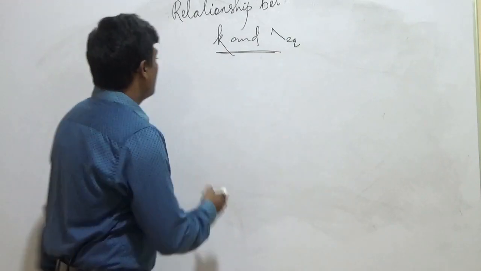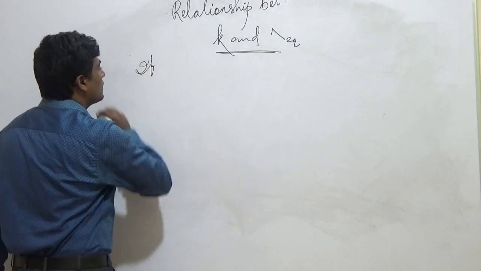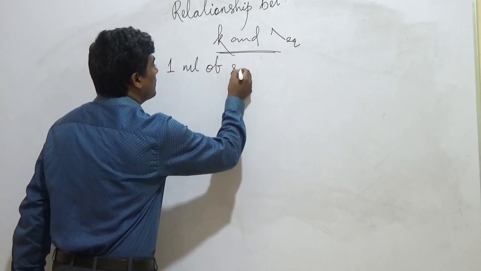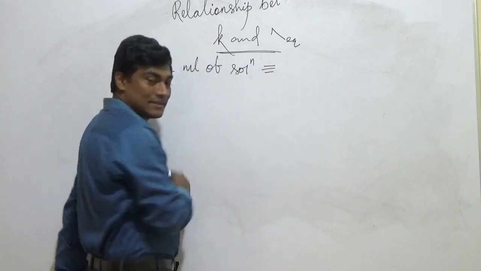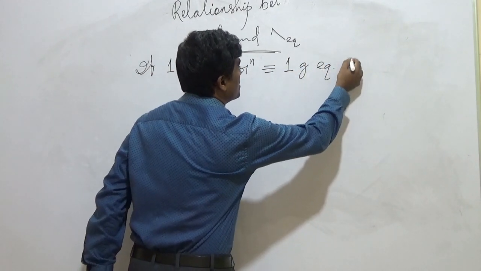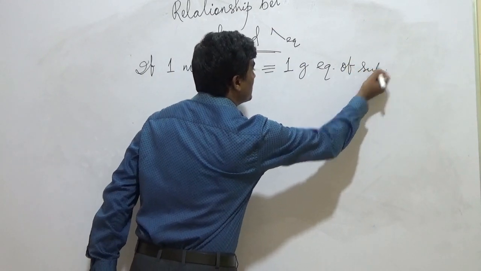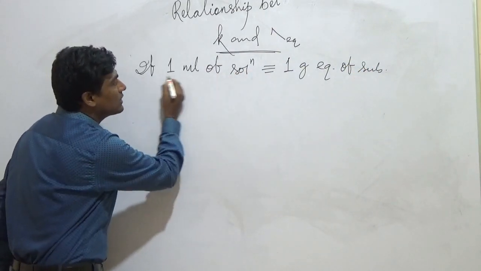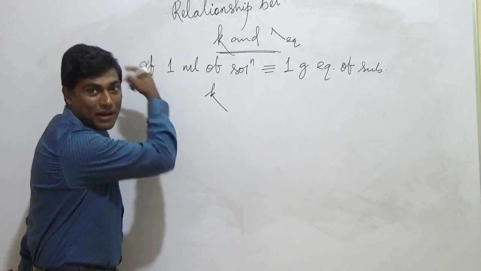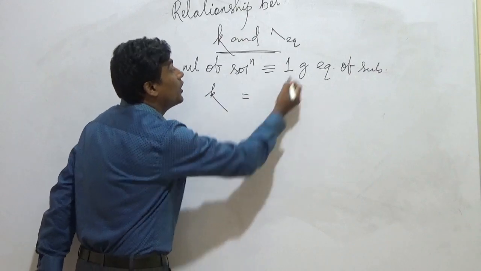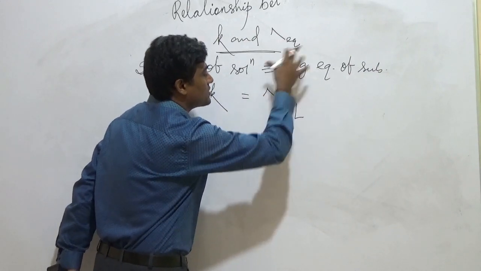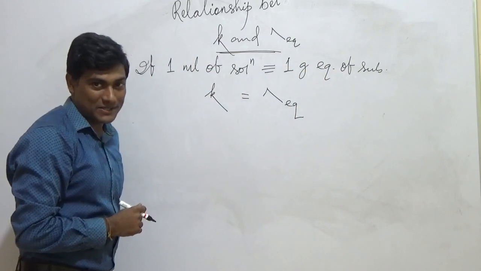So if 1 ml of solution contains 1 gram equivalent of substance, as we know, the conductance of 1 ml of solution is the specific conductance, so kappa is equal to lambda Eq, because the conductance due to 1 gram equivalent of the substance is the equivalent conductance.